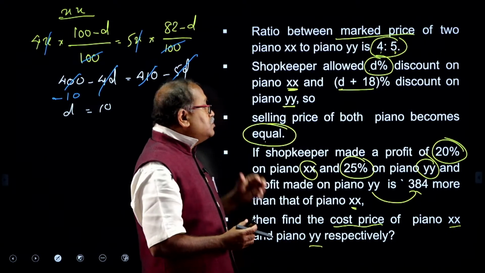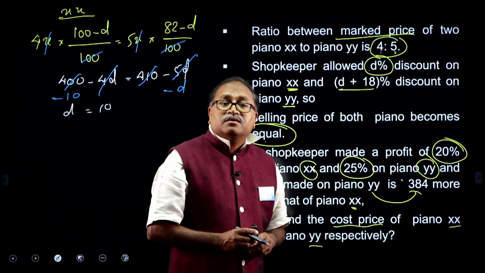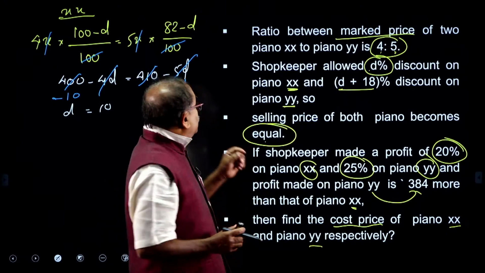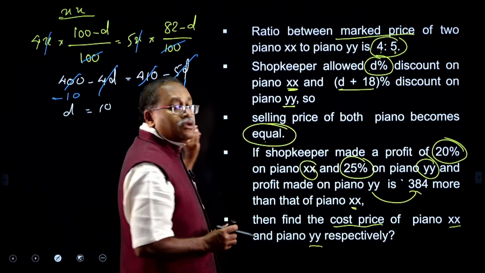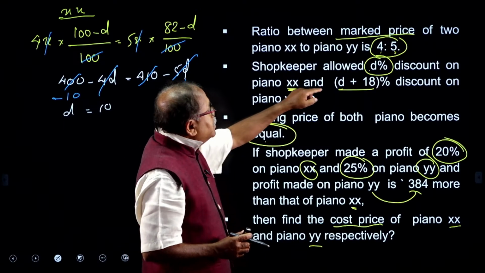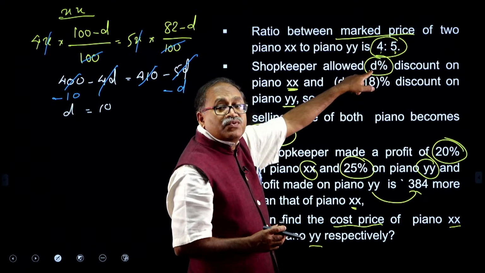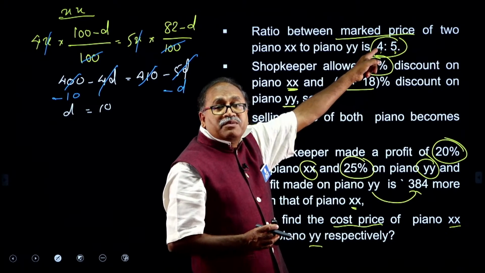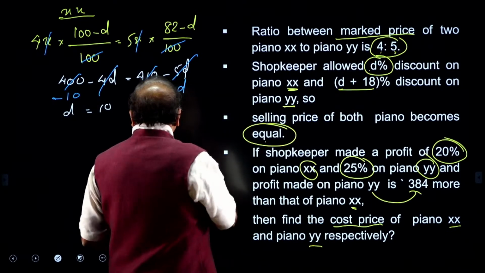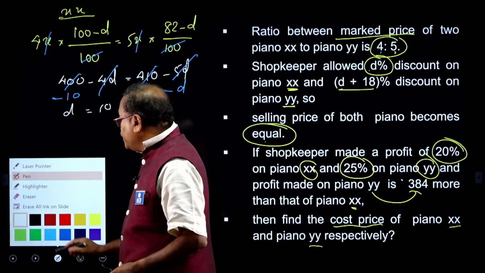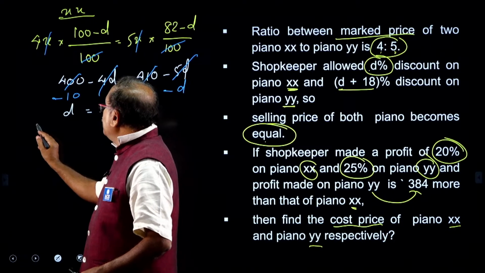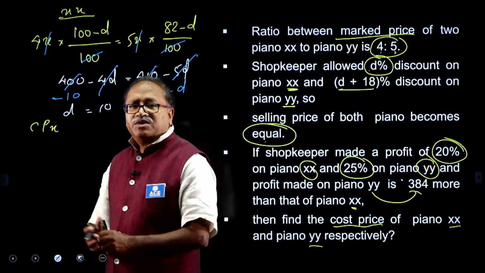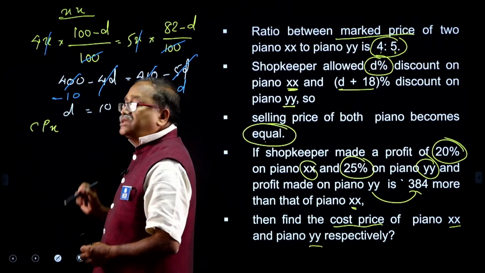Now, what is the use of taking D as 10%? That means when you are giving a 10% discount, what will be the selling price of the first one? The selling price will be 90% of the mark price. Finally, you can answer the question, CP of X. What is the CP of X?